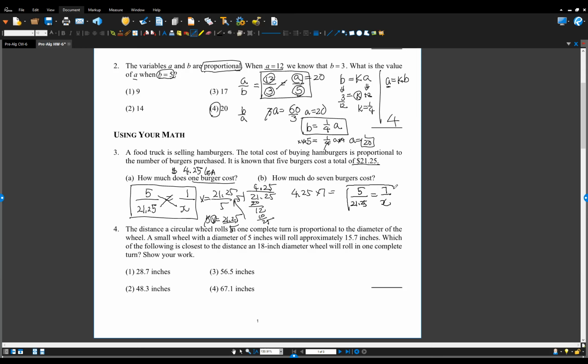You can also use the proportion too. I just used the equation like this, because the cost is what? Each hamburger is $4.25. That is the variable k, times the number of hamburgers, right? That's the equation.